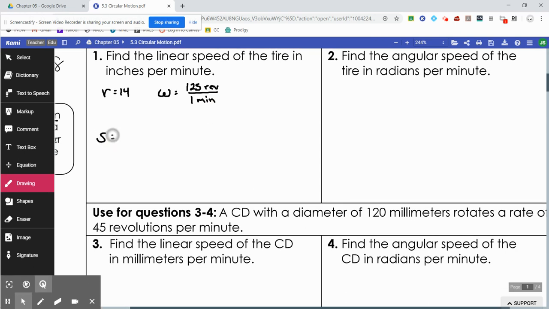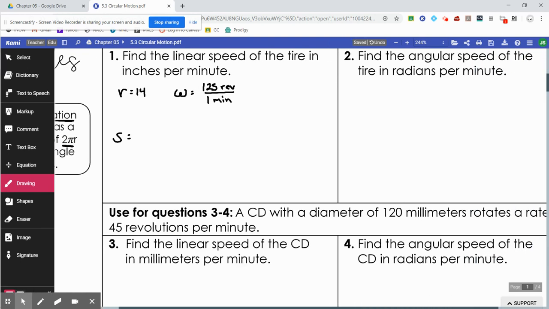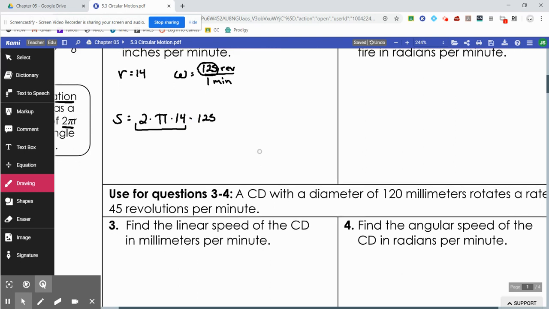Each rotation or revolution has a circumference of 2 pi r. So one rotation would be 2 times pi times 14. However, this is going to go around 125 times in a minute, so we multiply that by 125 revolutions.